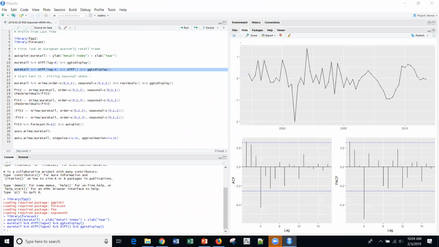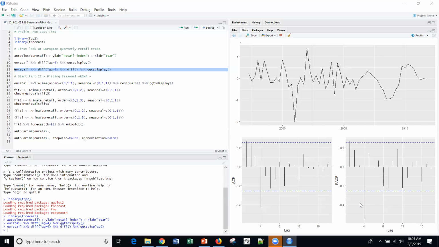So picking up with that, we see here in the autocorrelation ACF, we got a spike at lag 1, and that kind of suggests an MA of 1. And then the significant spike here in the PACF really kind of suggests an MA1 component as well, so a seasonal MA component.